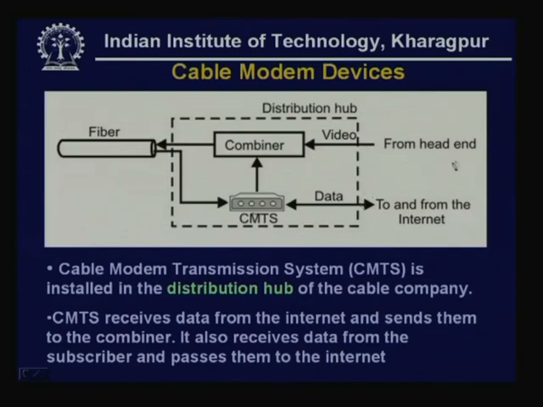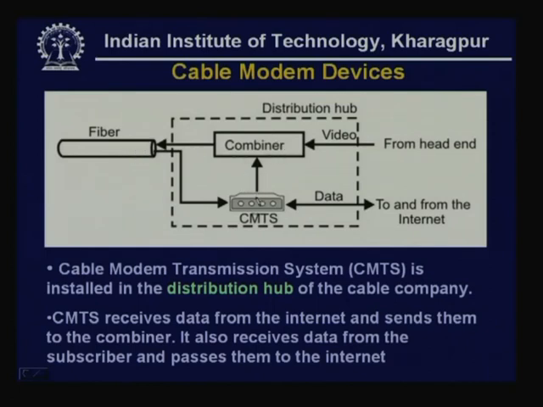One is coming from the head end, the video signal, and the other signal is coming from the internet. As you can see, it is a bidirectional signal which is going to the CMTS, and it is combined here, and that goes to the fiber.